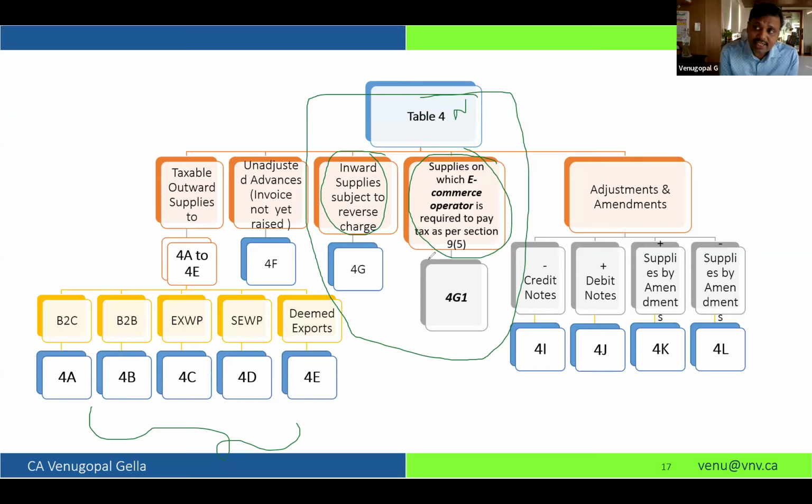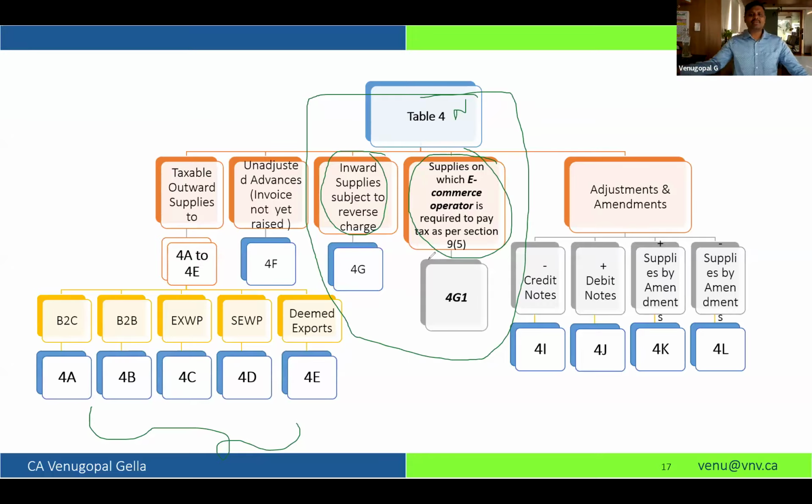In the original instructions for the e-commerce operator, they have mentioned the supply made to the e-commerce operator. This is something which came in January 22. They said the restaurant and others who are selling to an e-commerce operator report it as exempt supply. But later they said, don't even report it as exempt supply. It is the e-commerce operator who is doing it.